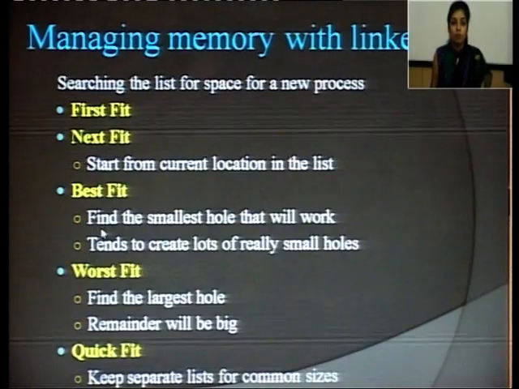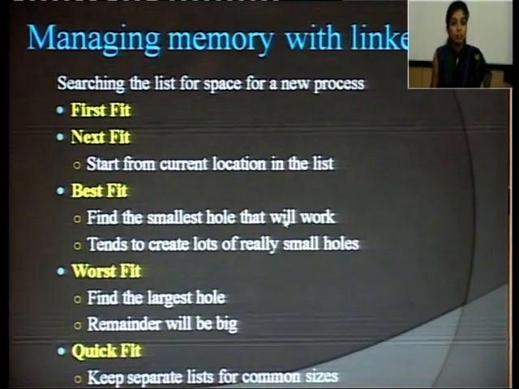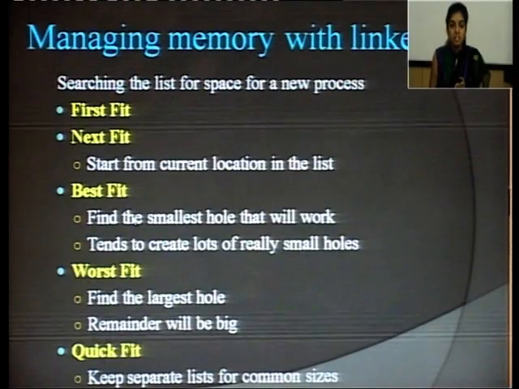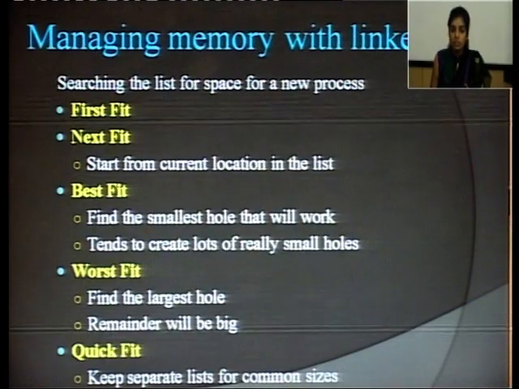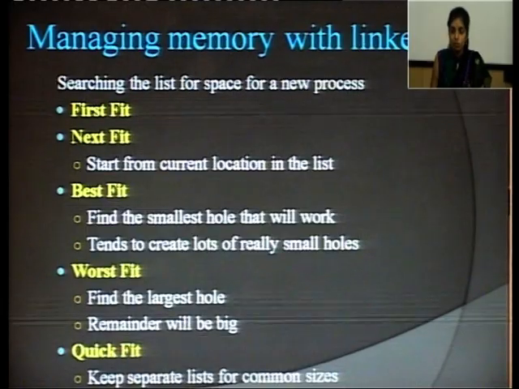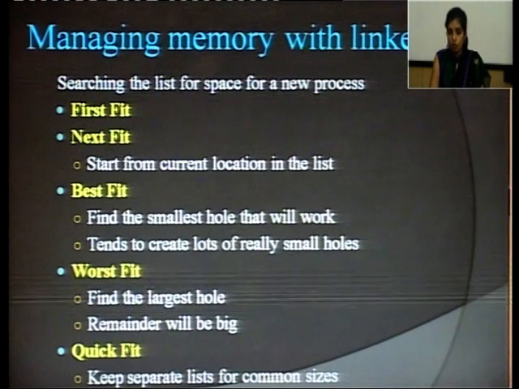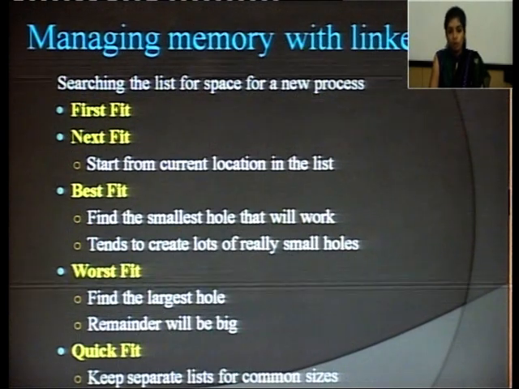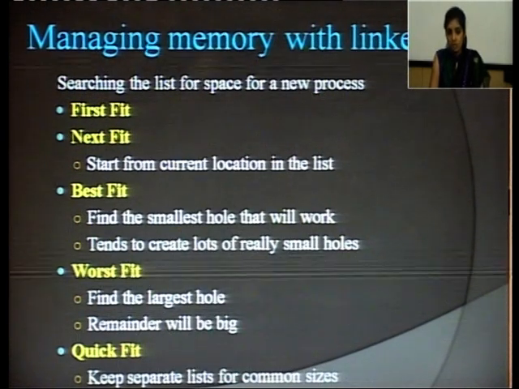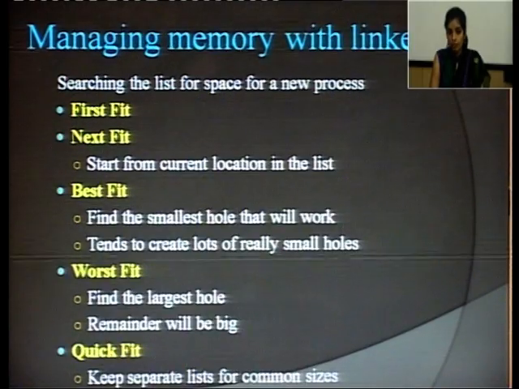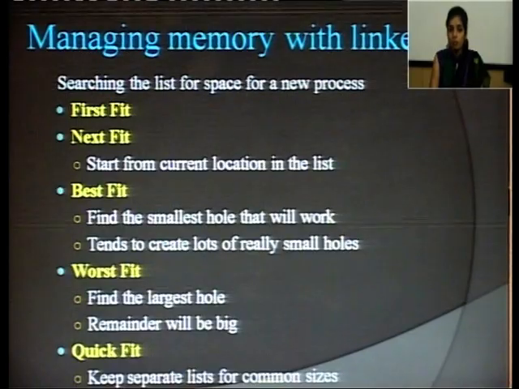Best fit finds the smallest hole that will work. This method is the best, and it takes time, but there is no wastage of memory. How? If we have a 50 kilobyte process, it will search for space equal to or larger than that from beginning to end.